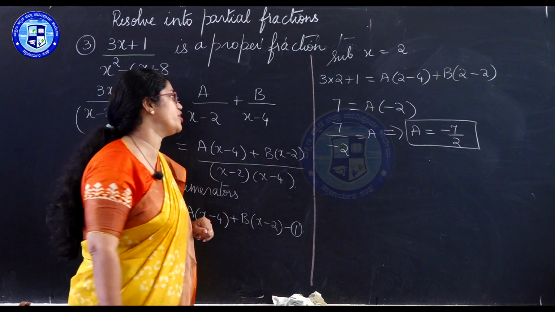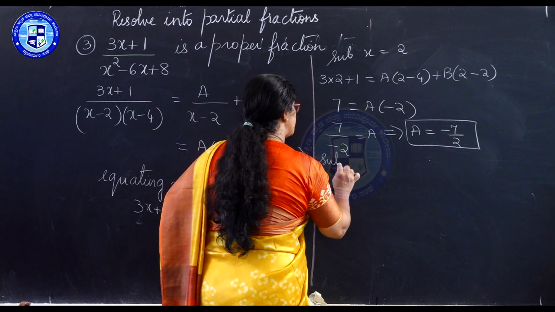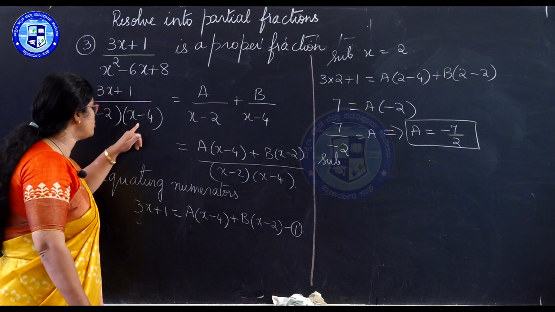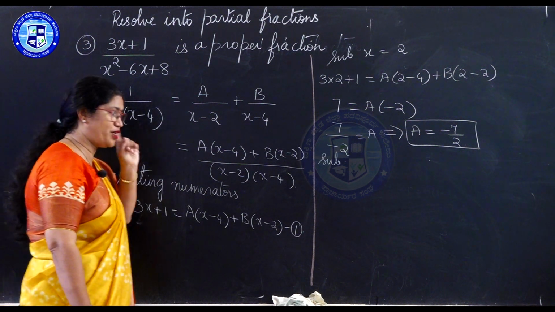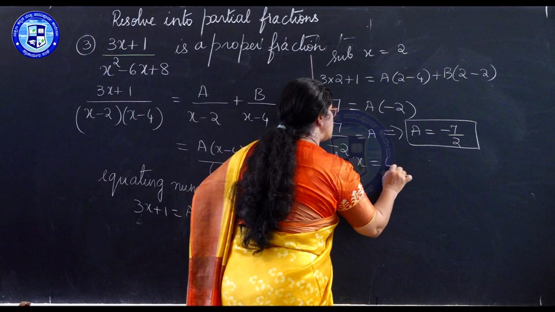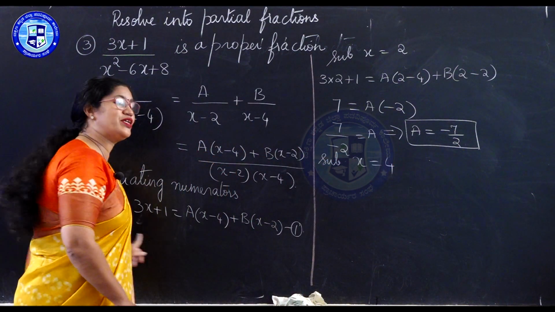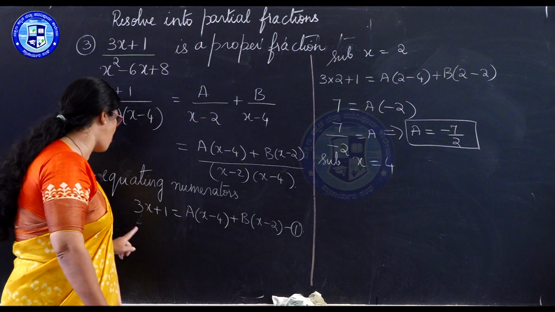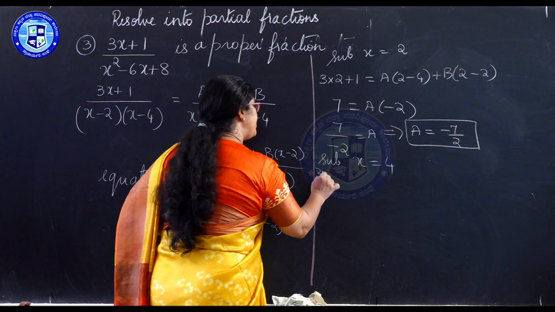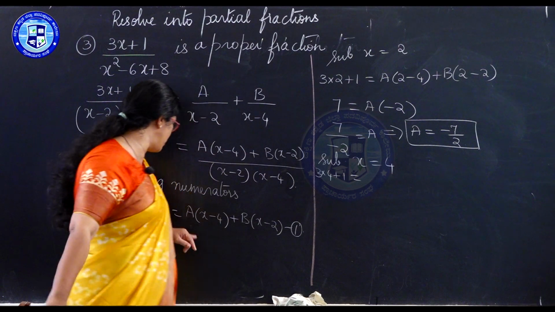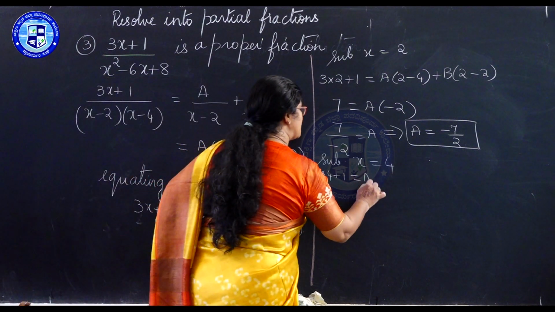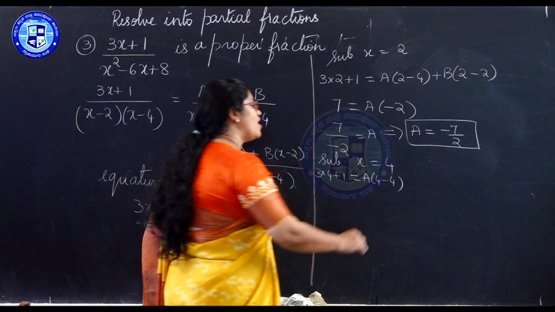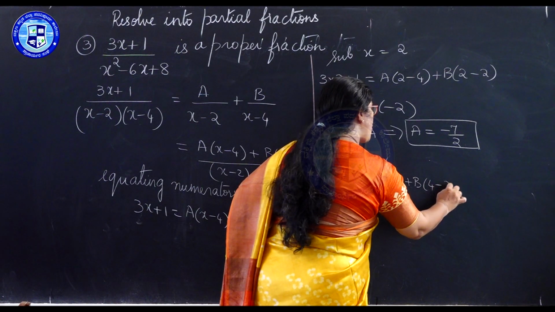Now I need to find what is b. So the next substitution, substitute x is equal to, now what should be the substitution for the next factor? Here to make this 0, x is equal to 4, right? x is equal to 4. How to substitute? In equation 1, wherever there is x, replace all the x by 4. So this becomes 3 into 4 plus 1 is equal to, here you know that this becomes 0 and gets eliminated, and the next one plus b into 4 minus 2.